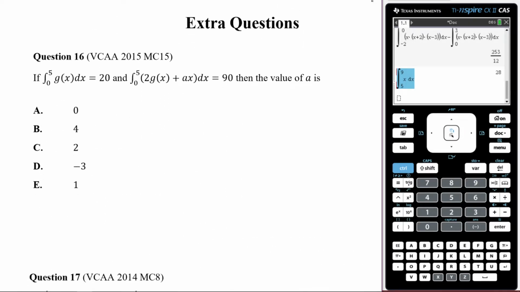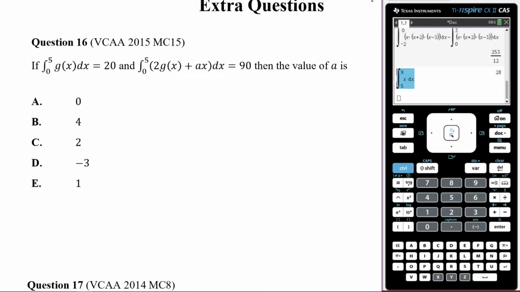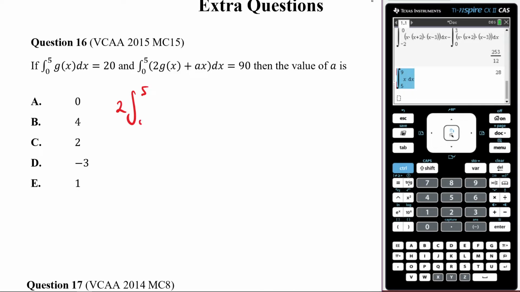Let's keep on going. So it says, if the integral from 5 to 0 of g of x is equal to 20, and we've got this is equal to 90, find the value of a. All right, so I'm just going to break this up. I'm going to take the 2 at the front, the integral of g of x dx, plus the integral from 5 to 0 of ax dx.